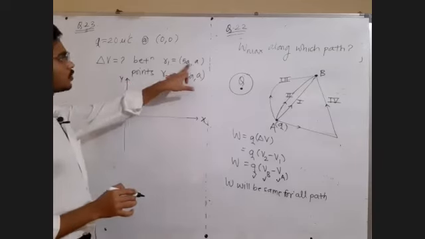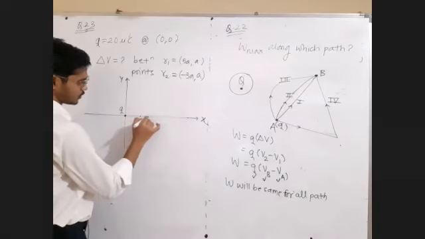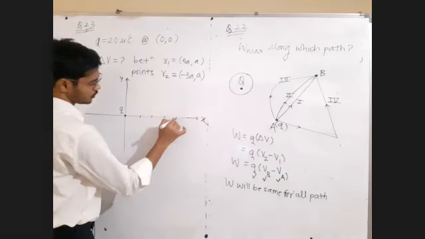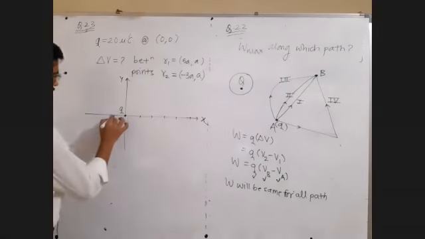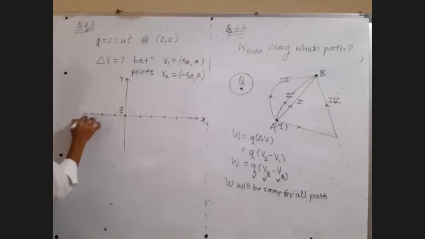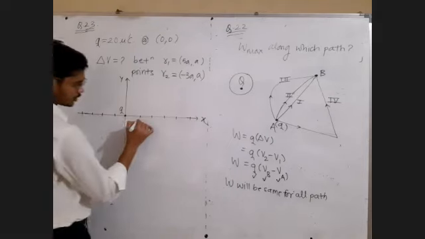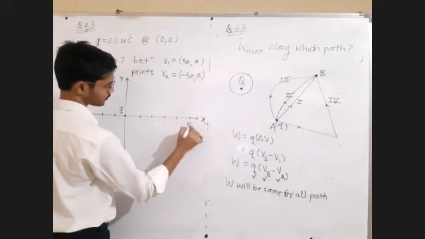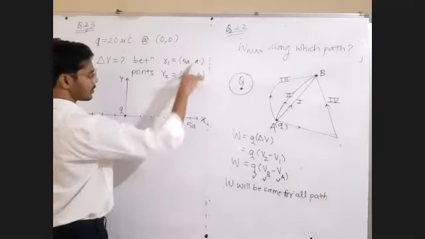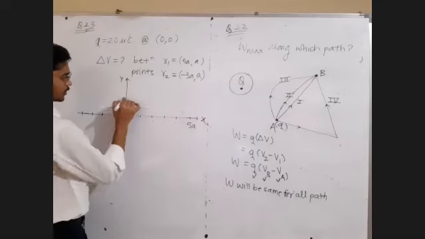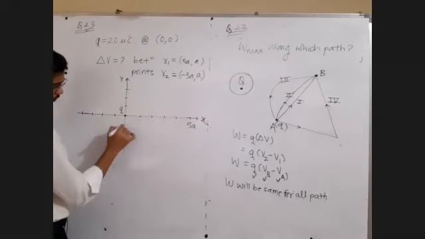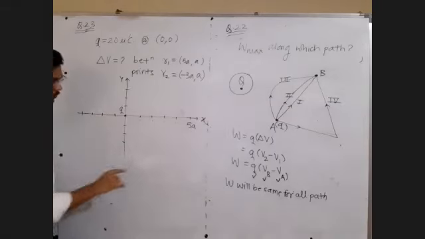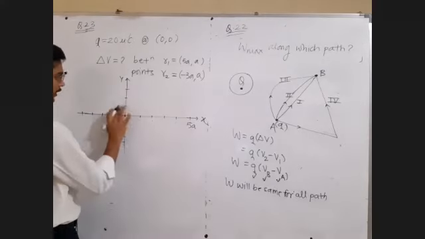The first point is 5a comma a. 1 2 3 4 5. This is a, 2a, 3a, 4a, 5a. 5a comma a.